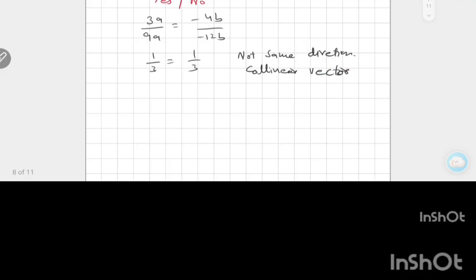Okay, what are collinear points and what are collinear vectors? If more than one point lies on the same line.